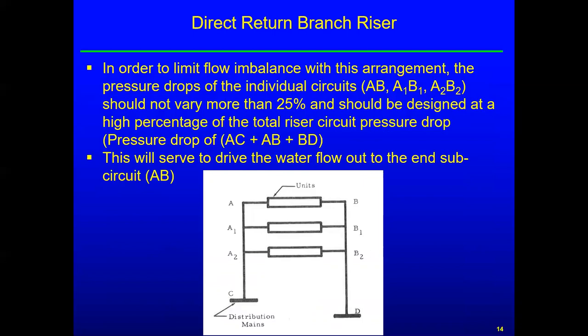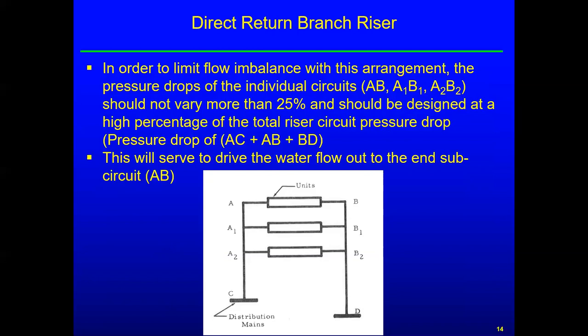Okay. And another requirement would be that 25% should be designed at a high percentage of the total riser circuit pressure drop, i.e. the pressure drop from AC plus BD plus AB.